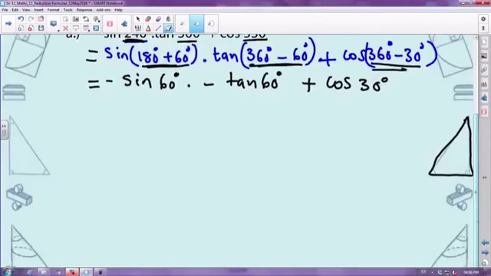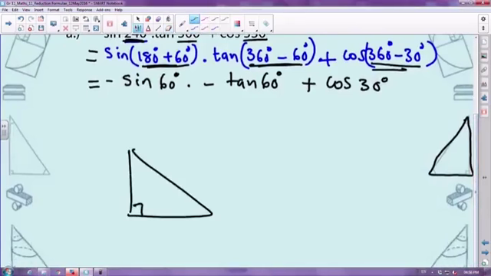All right, so let's just draw it here. Okay, that's 60 degrees. Then that's your 30. Now, guys, watch. Sine 60 is a square root 3 over 2. Cos 30 is root 3 over 2.